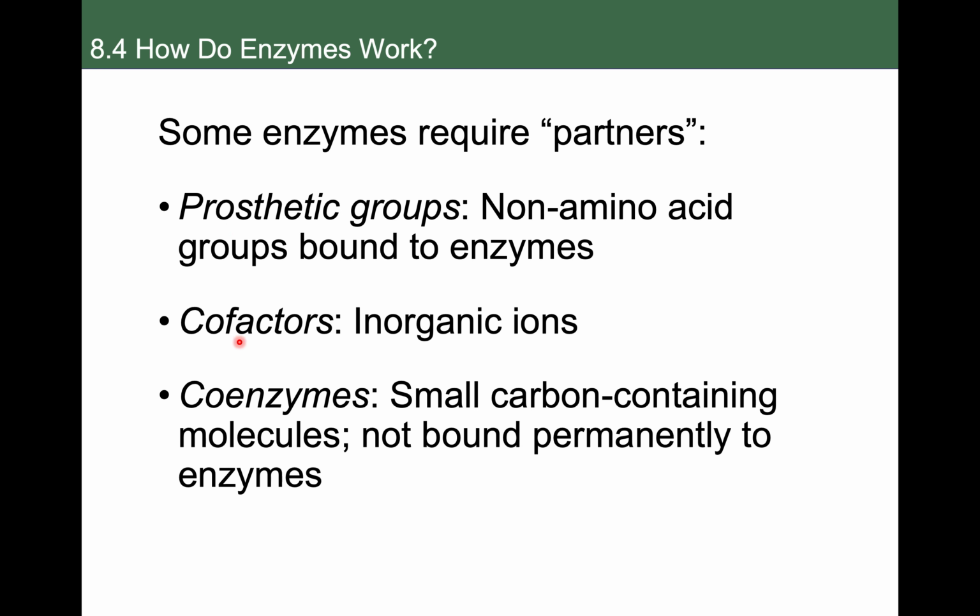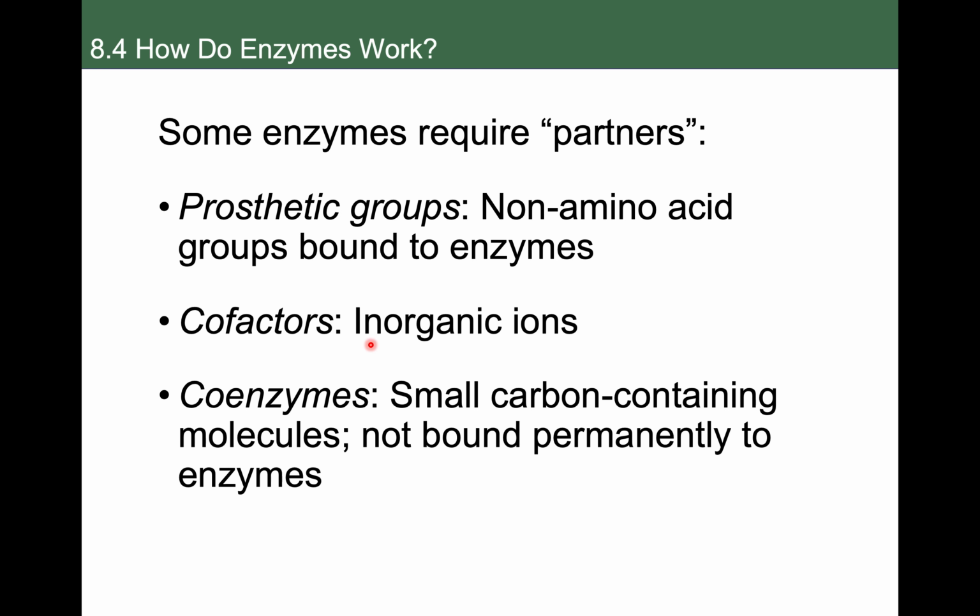Prosthetic groups, cofactors, coenzymes, these are all different types of molecules that can, again, help an enzyme carry out their job. And you can see they're all a little bit different from each other. So prosthetic groups, by definition, are non-amino acid groups that will bind to enzymes and help them catalyze whatever reaction they're trying to carry out.